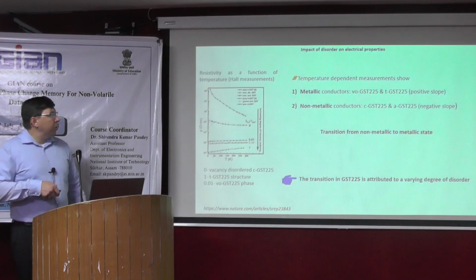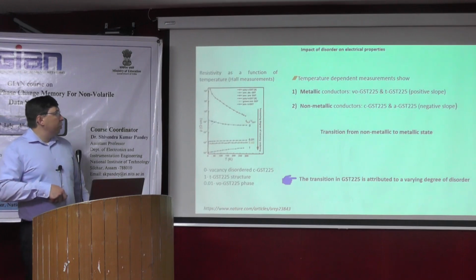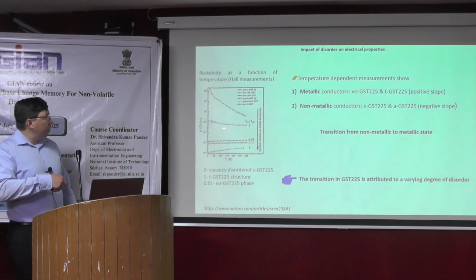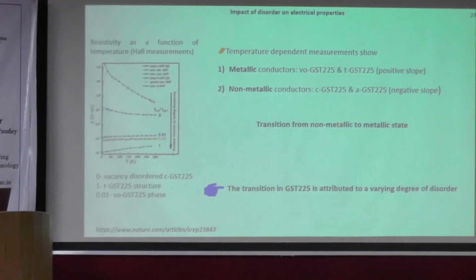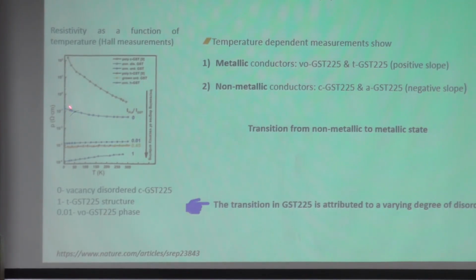What was found here is the resistivity against the temperature, measured from 0 Kelvin up to room temperature. We can see that the amorphous material and the cubic phase, which are both relevant for phase change memory, showed non-metallic behavior. Here the slope is negative, here you see this is negative, and here it's also a little bit negative.